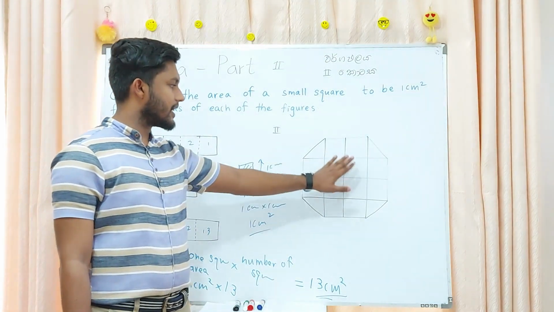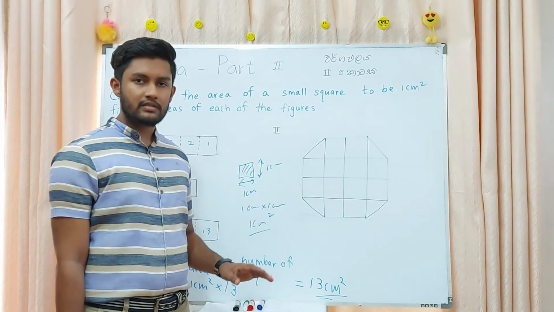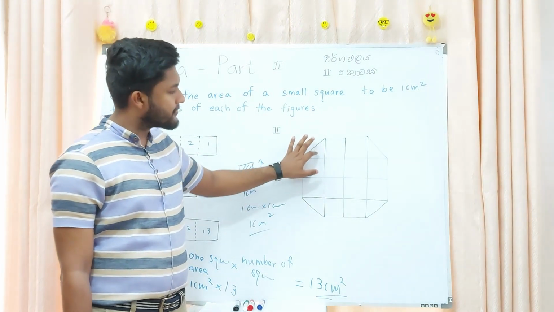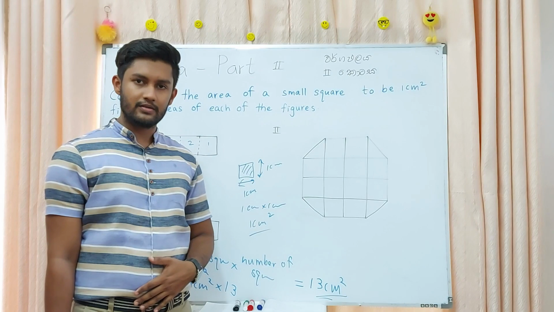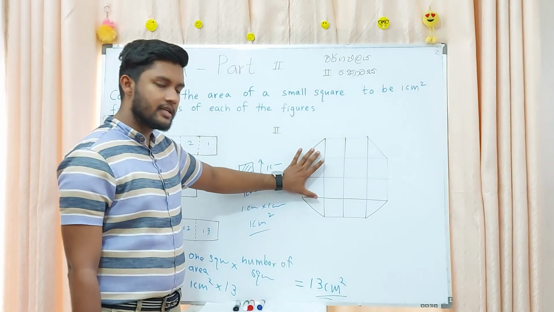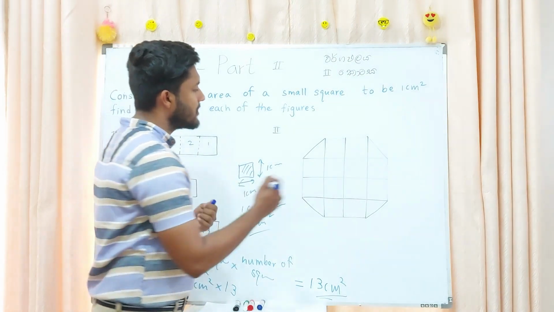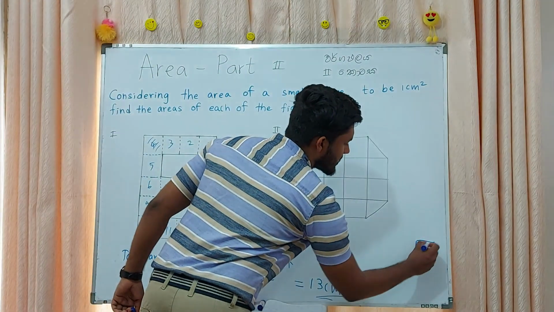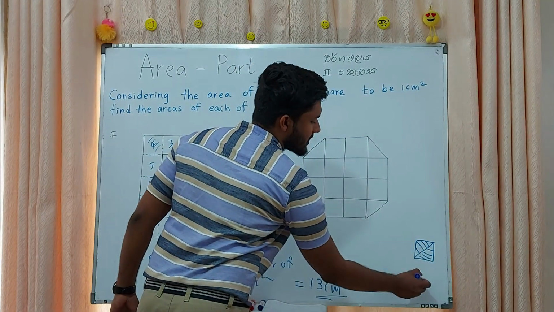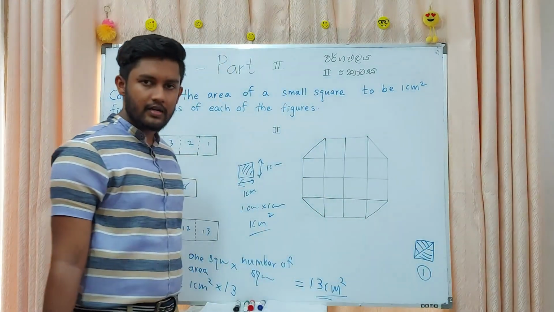Here also you can calculate the number of squares, and there are half squares, triangles also. You can combine two triangles and form one square. That means one triangle plus the other triangle, you can get one square.